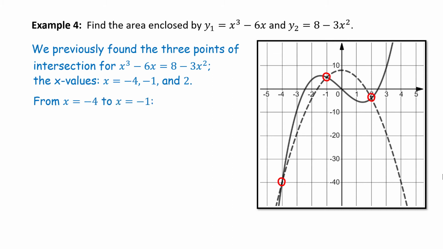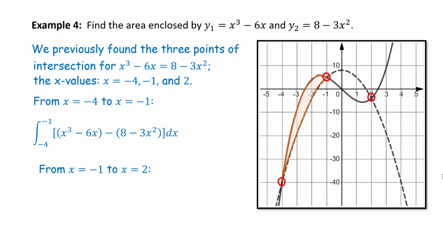From x equals -4 to x equals -1, let's observe that the cubic is above the parabola. So the integral would be from -4 to -1 of the cubic function x cubed minus 6x minus the parabola 8 minus 3x squared dx. The functions switch.